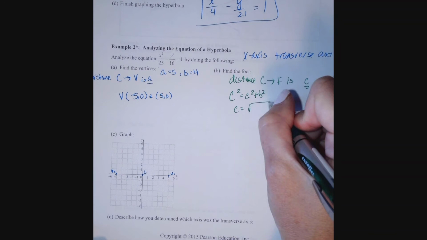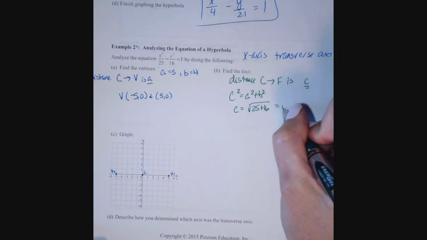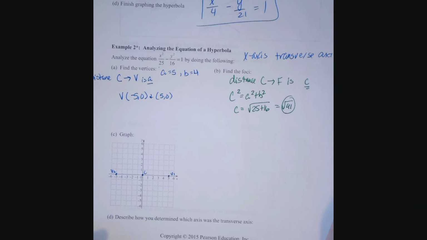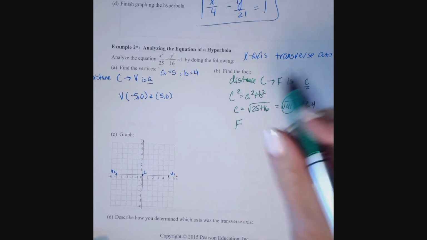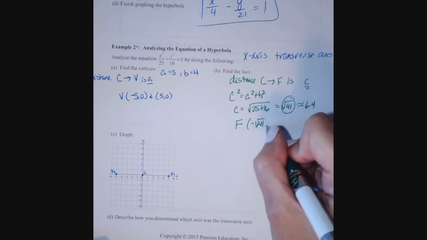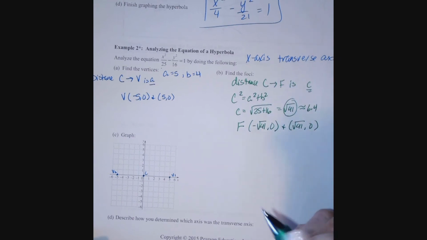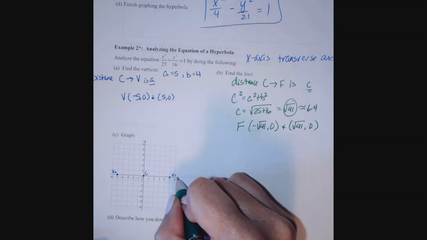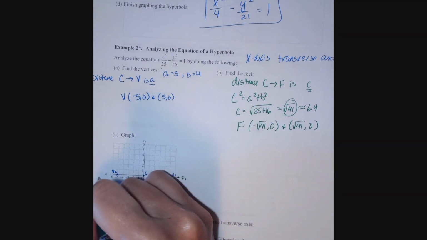So C is the square root of 25 plus 16 in this case, so C is the square root of 41, which, when I plug that into my calculator, is approximately 6.4. So the location of my foci are going to be at negative square root 41, 0 and positive square root 41, 0. So I'm going to go out about 6.4, 6.5, and there is a focus, and here is another focus.